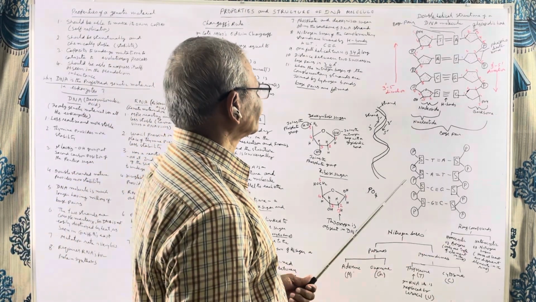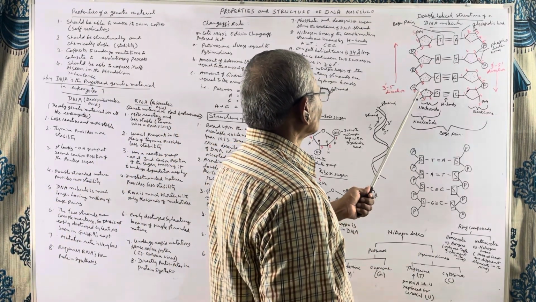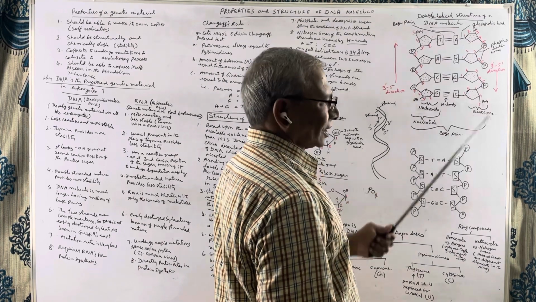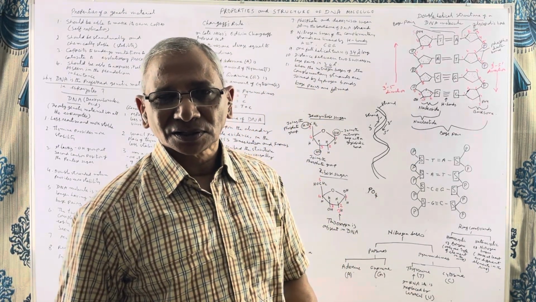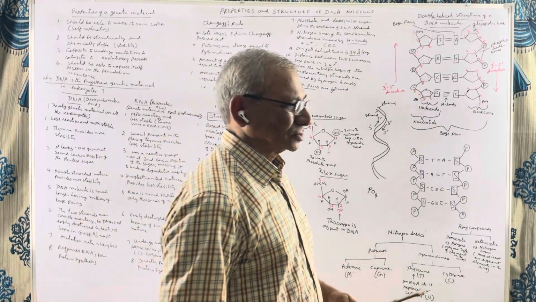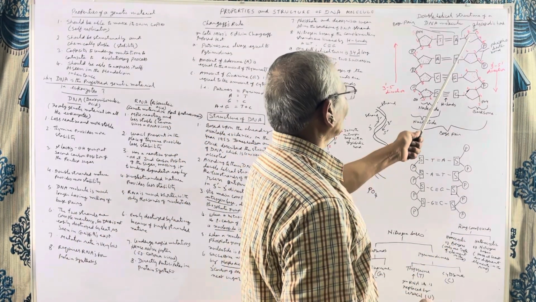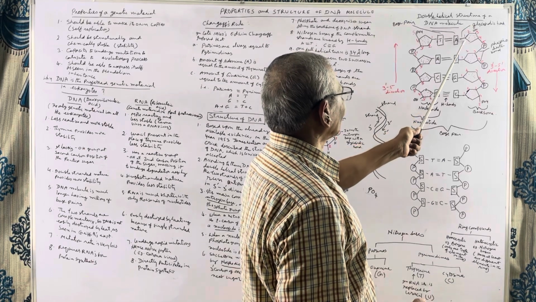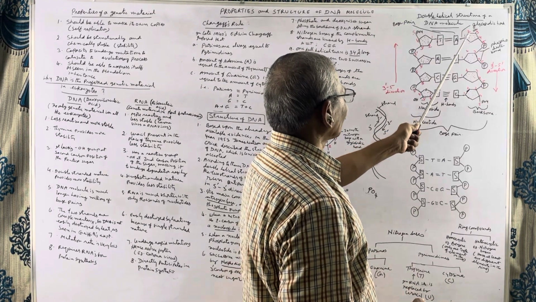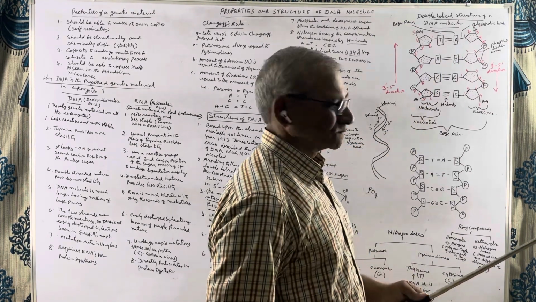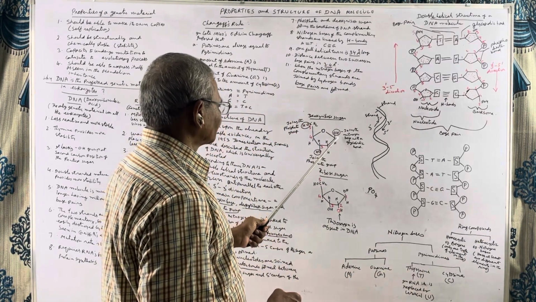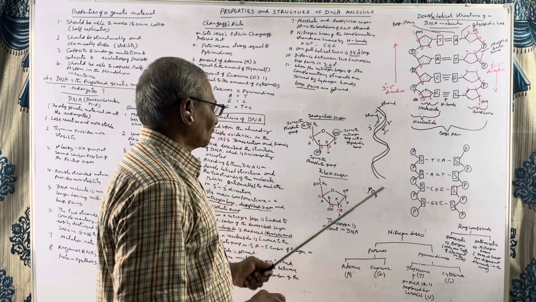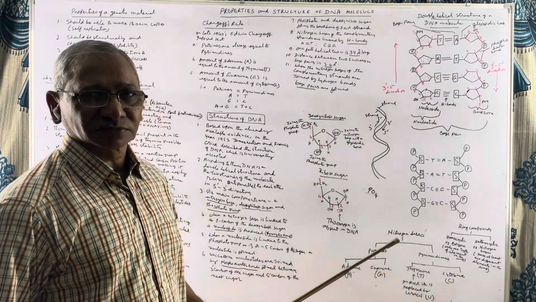Then, there are three types of bonds in a DNA molecule. Two already I have explained. One is about glycosidic bond. It exists between the deoxyribose sugar and the first carbon of deoxyribose sugar.